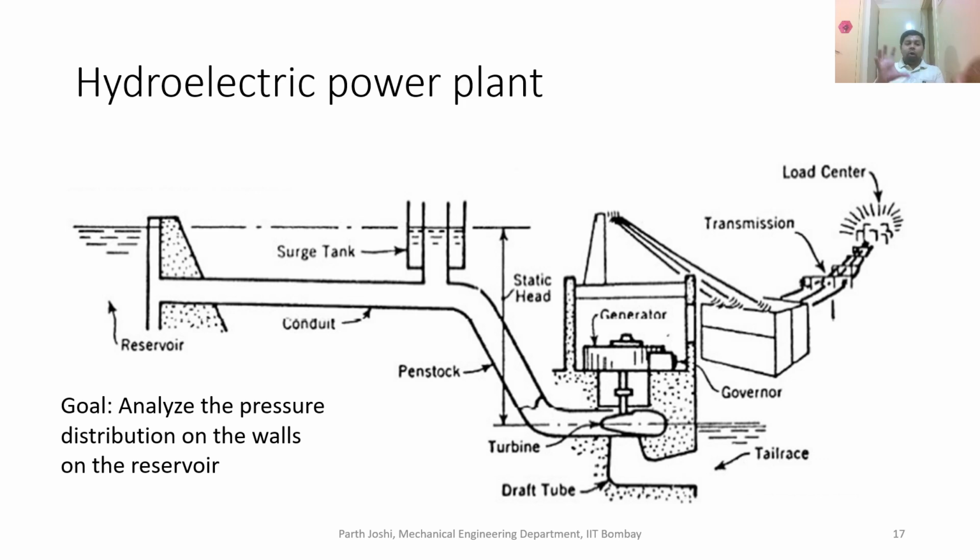If our objective is only to analyze that pressure distribution on the walls of the reservoir, then what all things will we include in the system? Where do we put the boundary in this case? Any idea how we can do this?